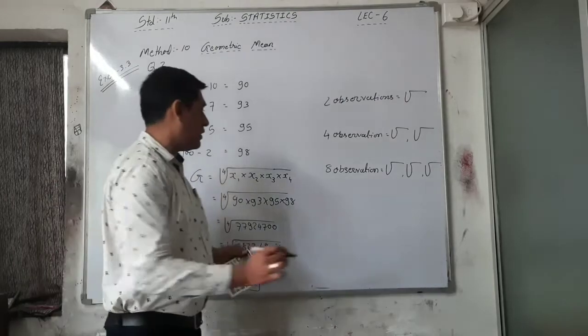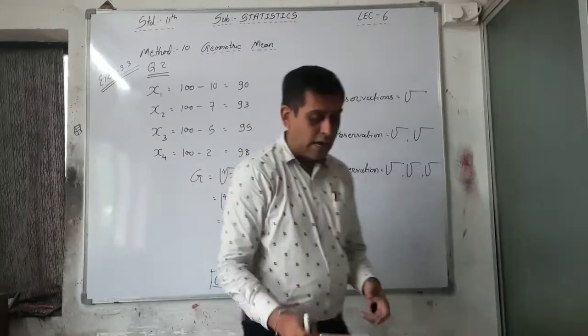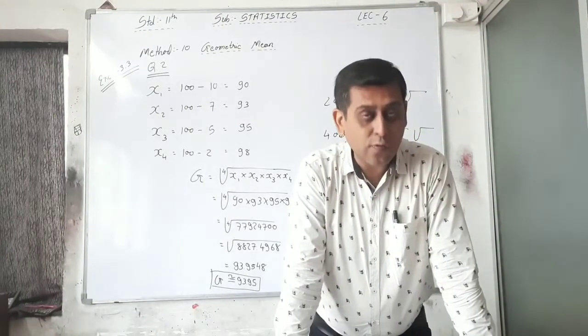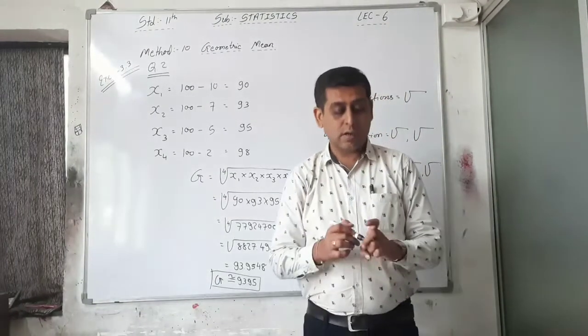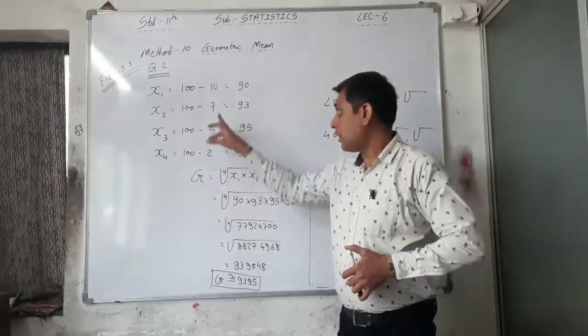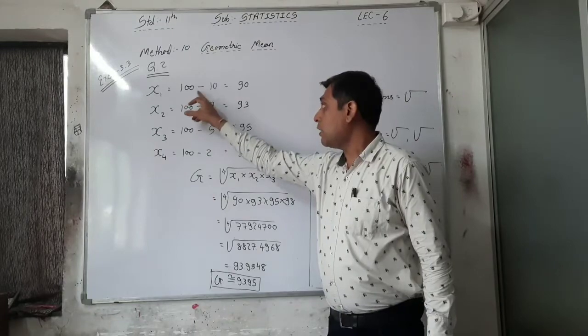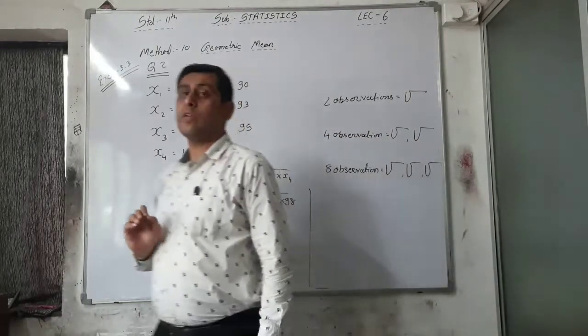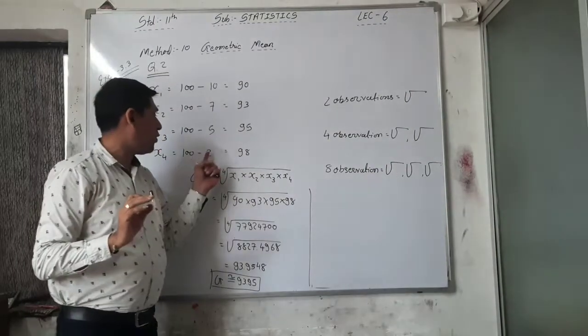But the question is, see the question again, last line of the question, find out the average rate of depreciation. See, the rate of depreciation is not 93. Here the rate is found by subtracting from 100, right? So your observation is 10, 7, 5, 2.